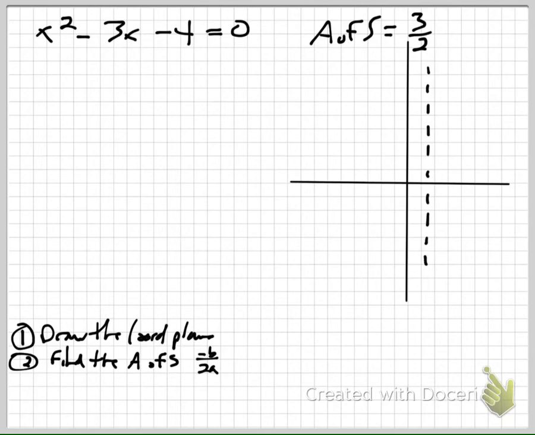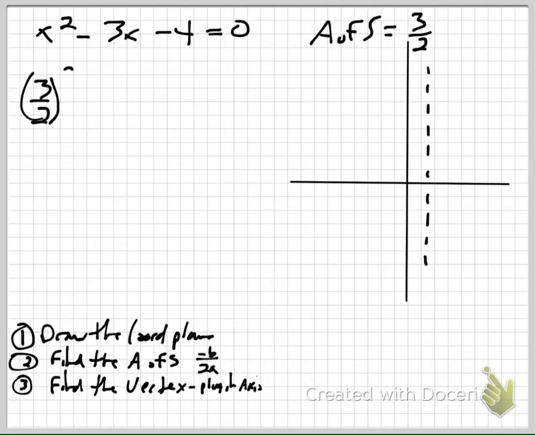Now what's the next thing I do? I have to find the vertex. You find the vertex by plugging in the axis. So it's going to be 3 halves squared minus 3 times 3 halves minus 4 equals y.